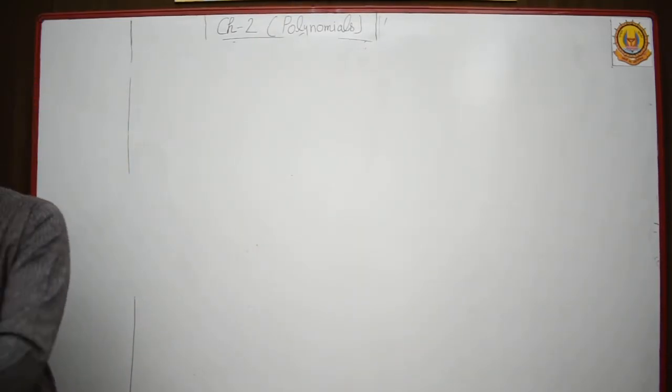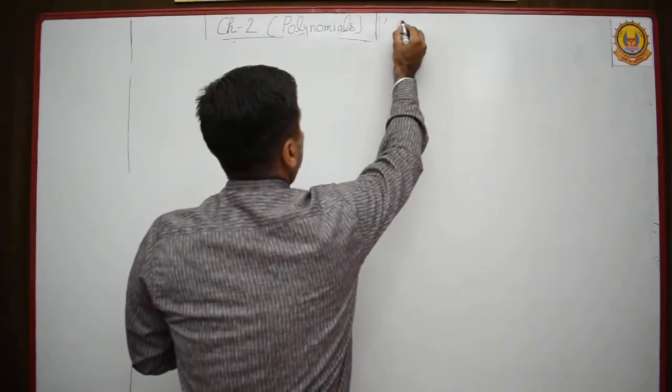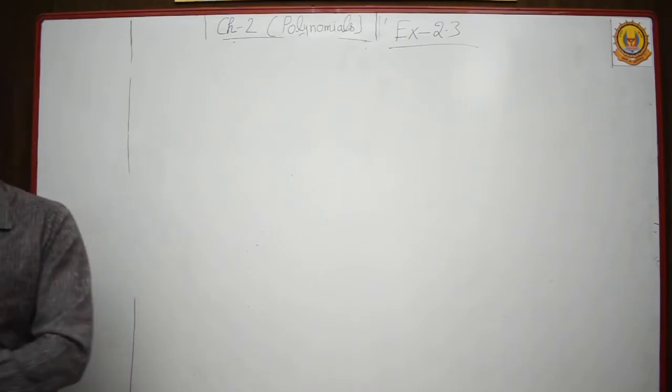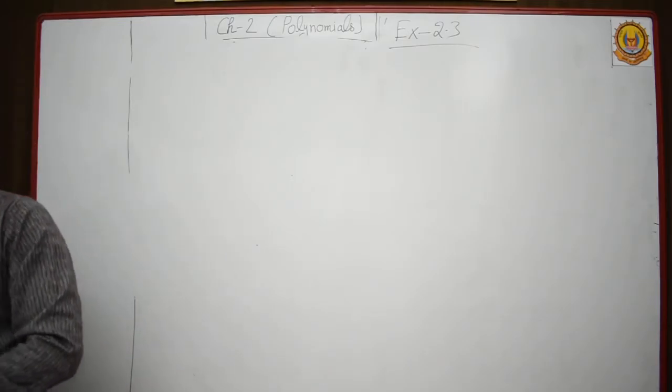The first question is: divide the first polynomial by the second polynomial and find the quotient and the remainder.